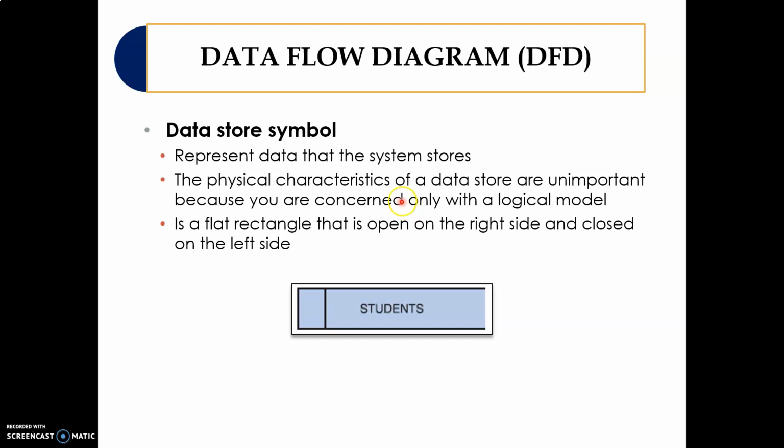Moving on to the data store symbol. A data store represents data that the system stores. It is a flat rectangle that is open on the right side and closed on the left side.